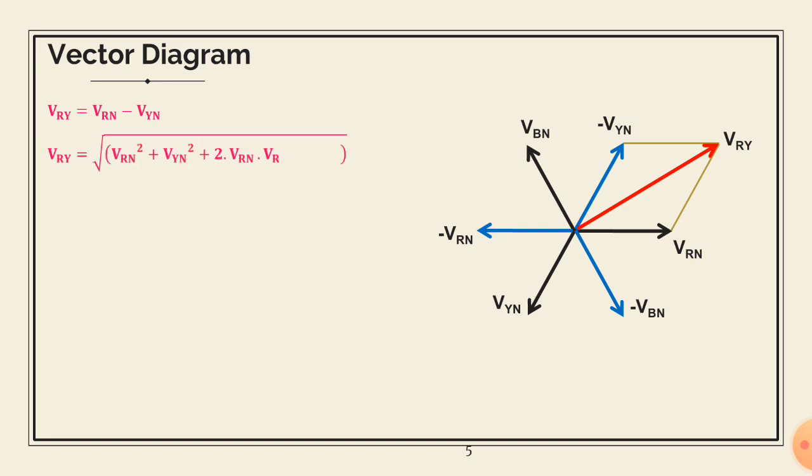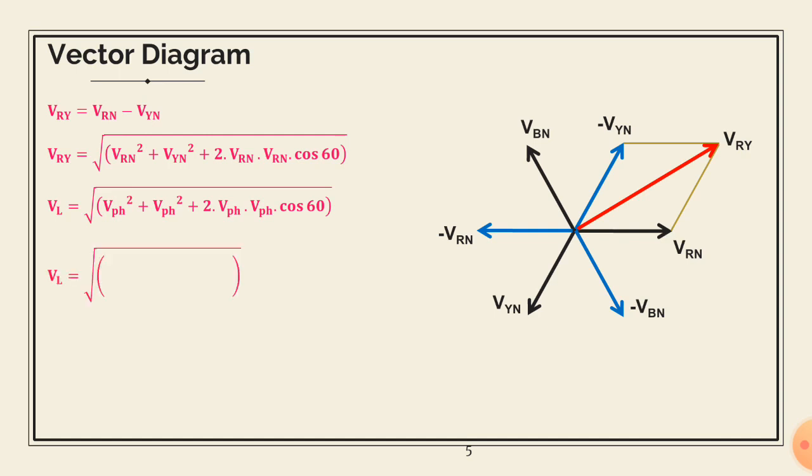Now using the parallelogram law of forces, we can derive the expression for the resultant vector VRY as VRN square plus VYN square plus 2 VRN VYN. Sorry, here it is VYN, and the angle between them will be 60 degrees. All the phase voltages VRN, VYN, VBN are the same, therefore I will use a common term VPH.